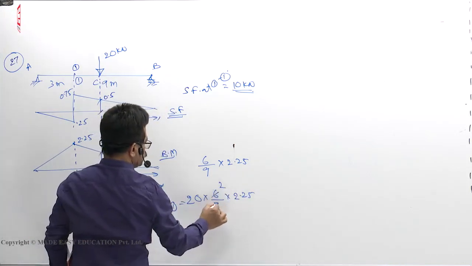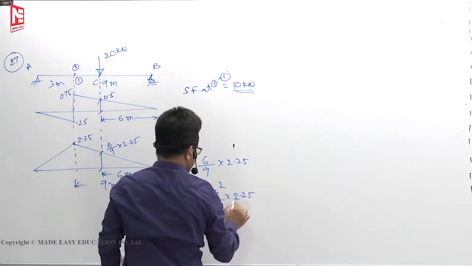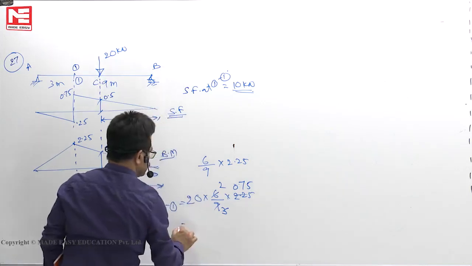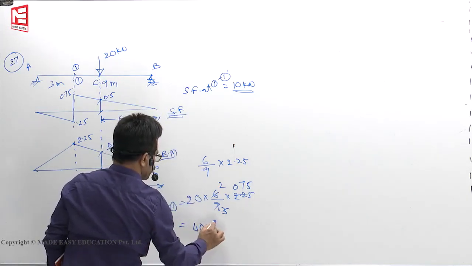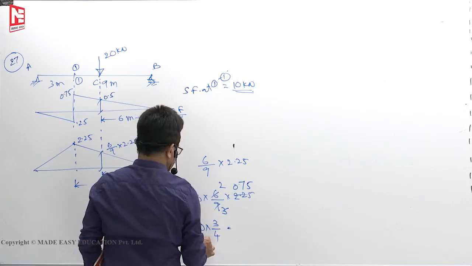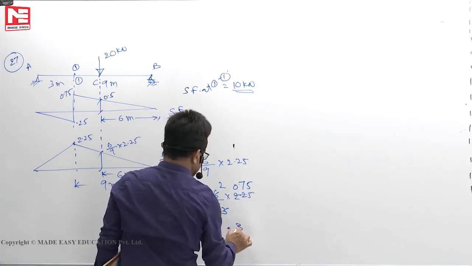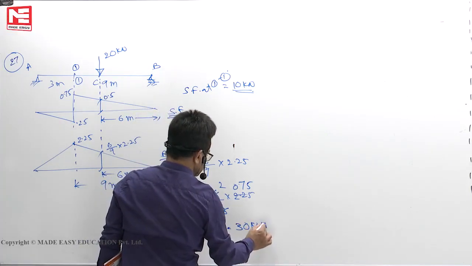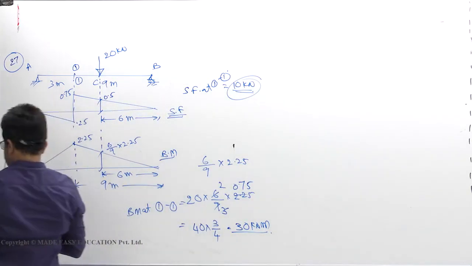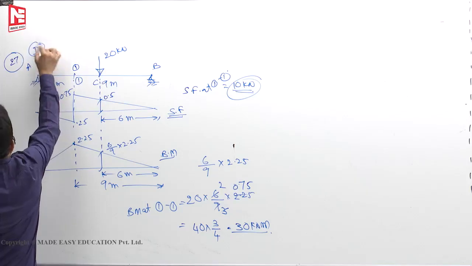So 3 2s, 3 3s, 0.75. So 40 into 0.75 means 3 by 4. So you will get 10 into 3, 30. So 10 and 30 means D is the option.